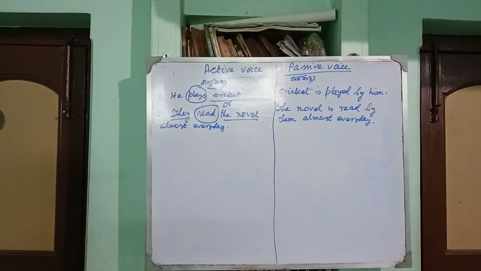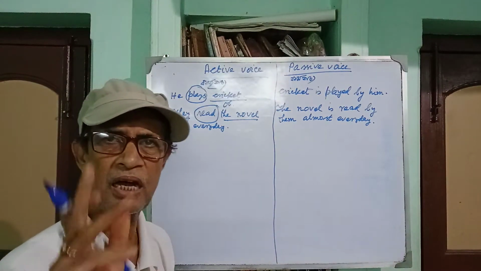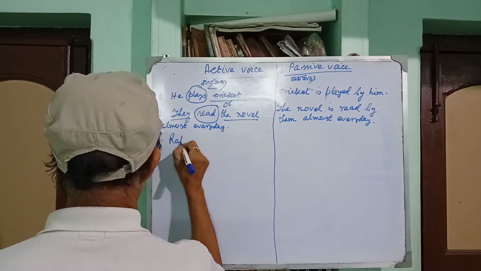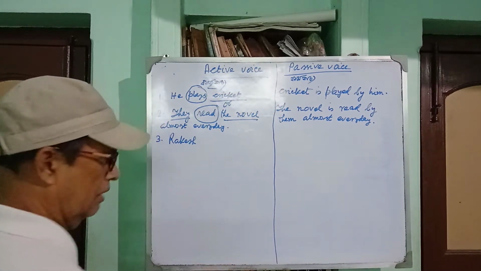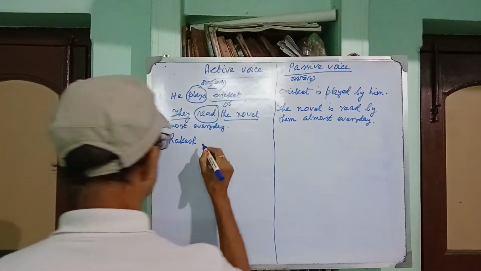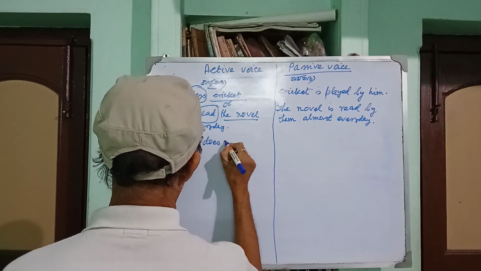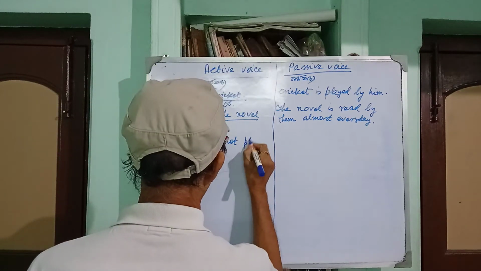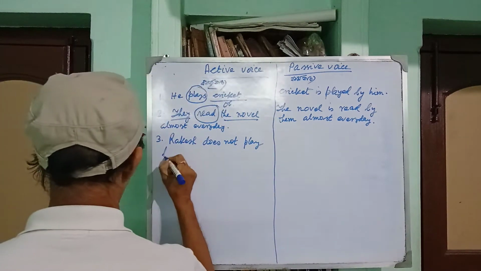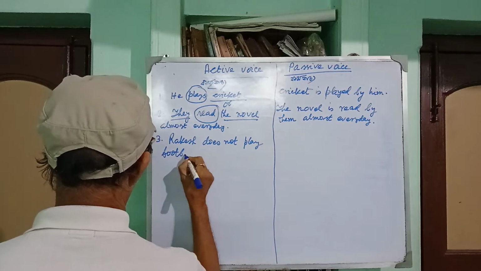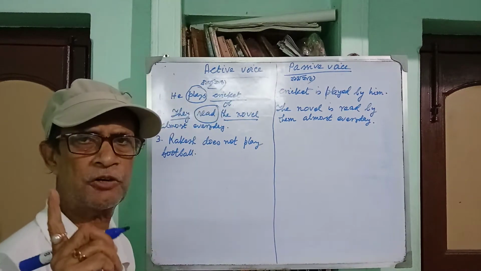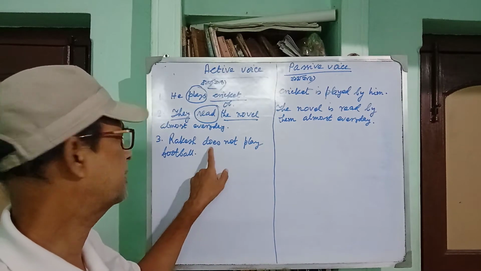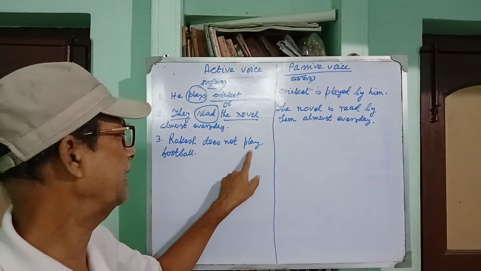Okay. Now come to the third sentence. Rakesh does not play football. So it is a negative sentence, and does is the auxiliary verb, play is the finite verb.